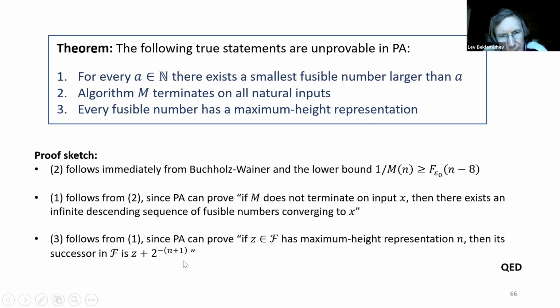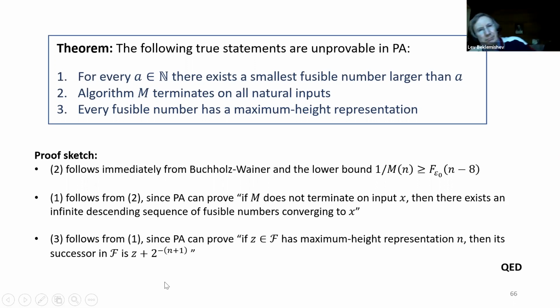So if Z had representations of arbitrarily large heights, you would get an infinite descending sequence that converges to Z, which we already proved is not the case. So we know, though Peano arithmetic doesn't know, that no fusible number has representations of larger and larger heights.